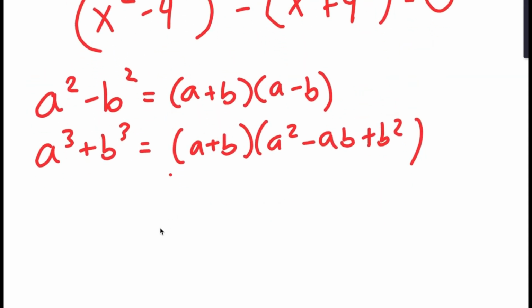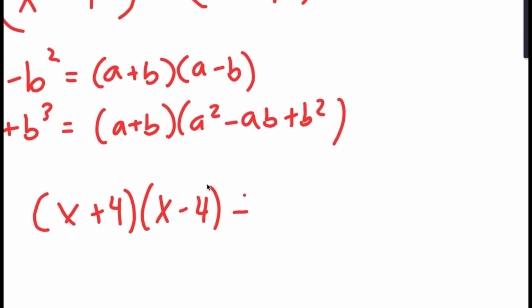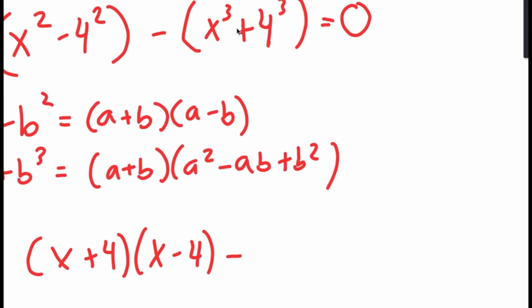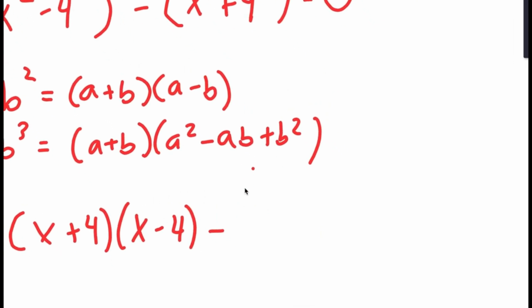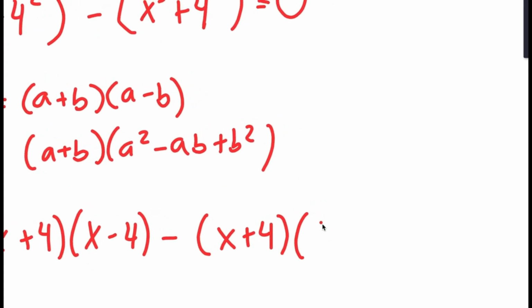So for x squared minus 4 squared, it's going to turn into x plus 4 times x minus 4. And for this minus, x to the power of 3 plus 4 to the power of 3 is going to turn into x plus 4 times x squared minus 4x plus 16.